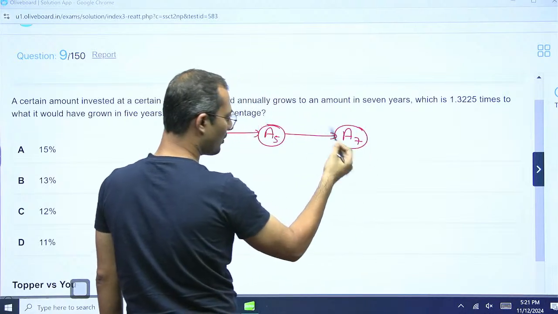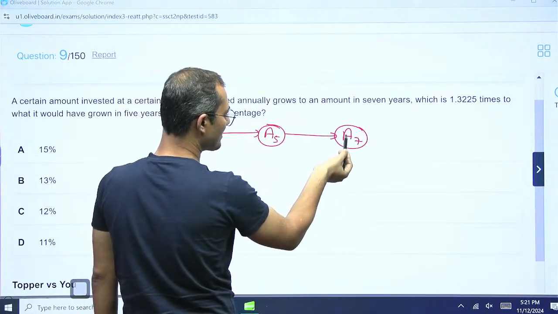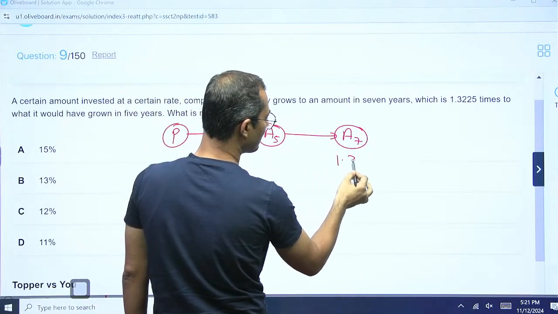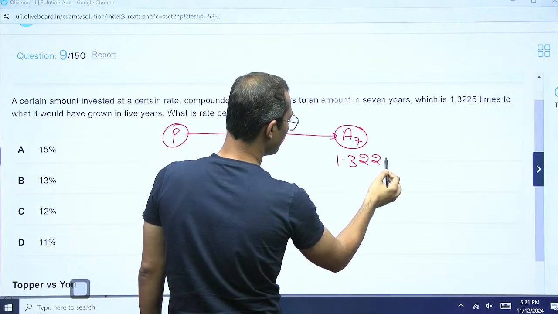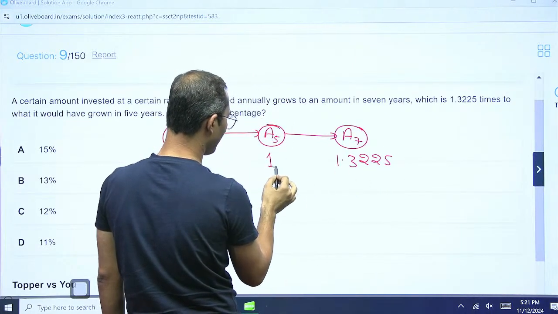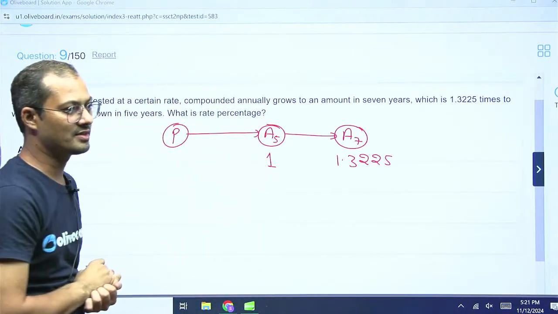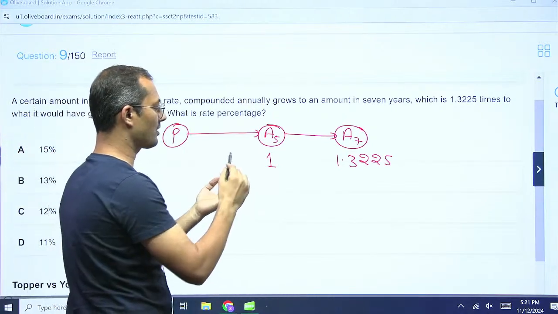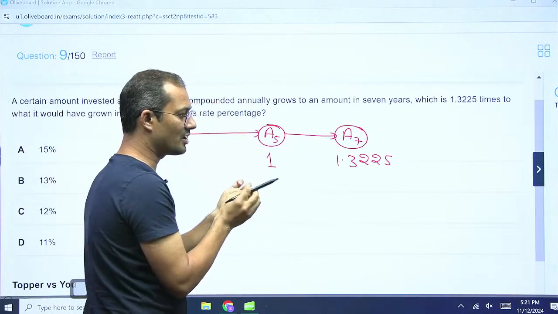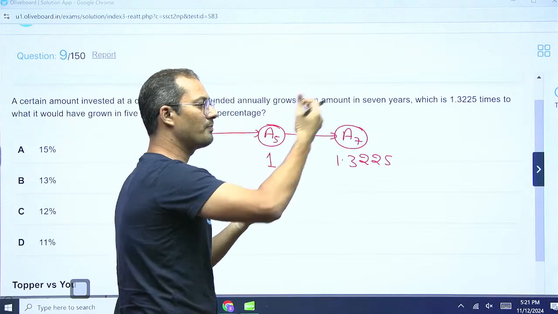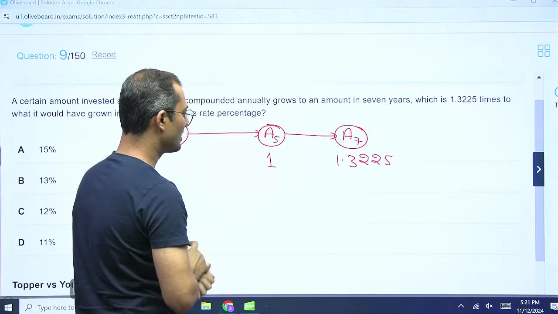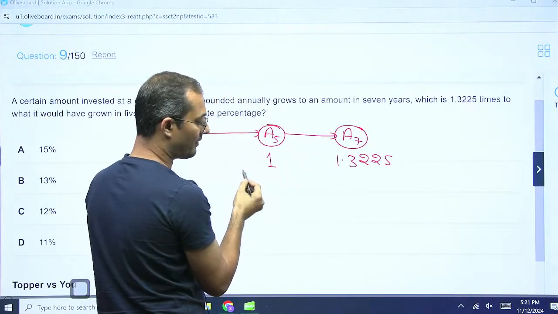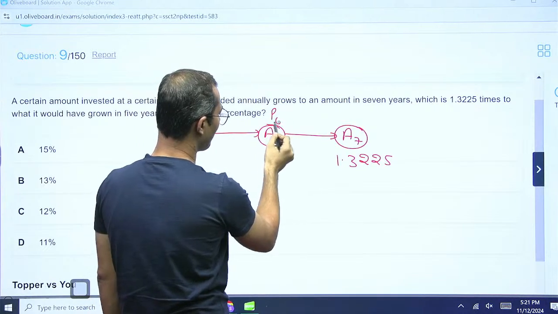So the amount which is becoming at 7 years is 1.3225 times of the amount being mature at 5 years, right? It means we know that the amount for a particular year is going to be principal for the next year, right? So the amount for 5 years is going to be principal for the 6th year, right?